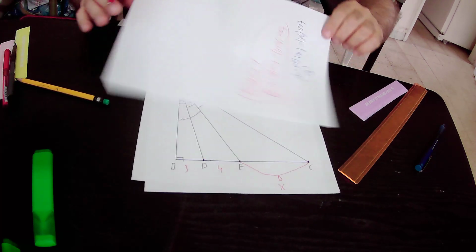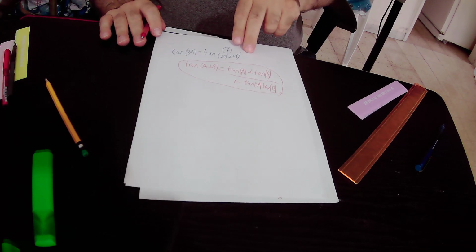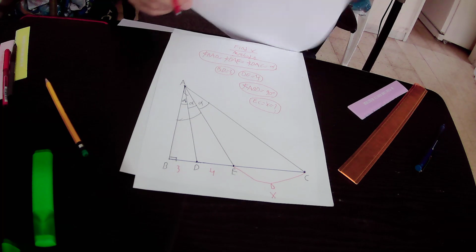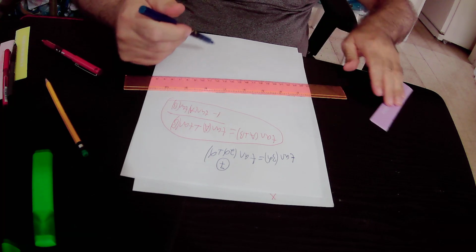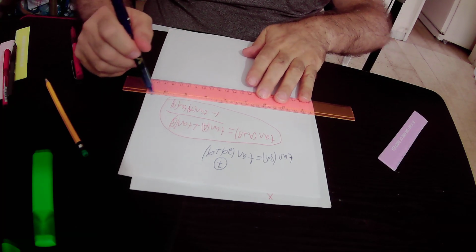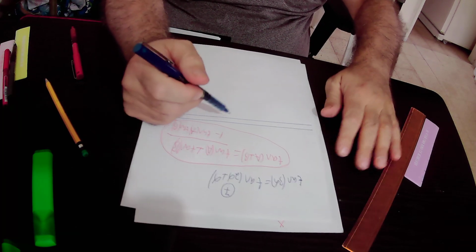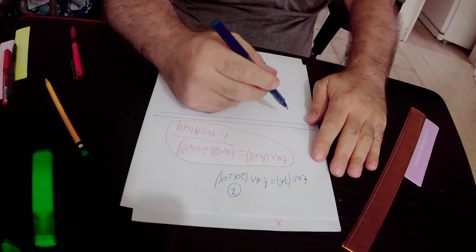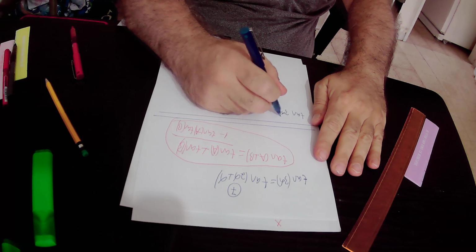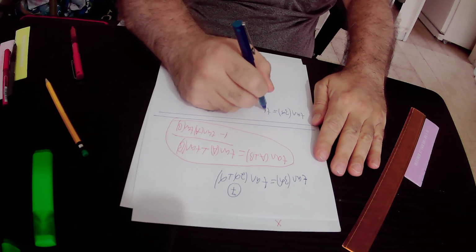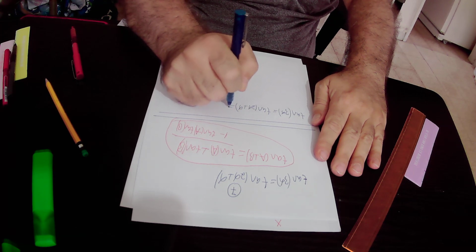Okay, so we will use this trigonometric identity in order to find out the value of tangent of 2 alpha plus alpha. So we get that tangent 3 alpha equals tangent of 2 alpha plus alpha.